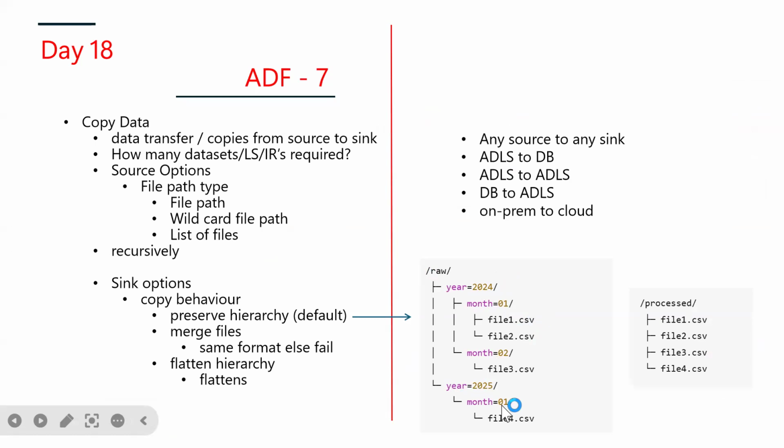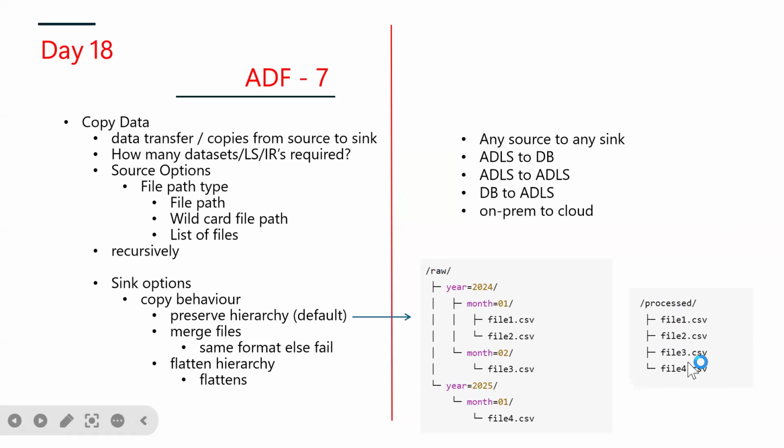Inside this, I have month 01, and inside this, file 4.csv. When I select this flatten hierarchy, this is my source, and in my target the files will be something like this. All the directories will be gone. Only the files will be copied to your actual target.